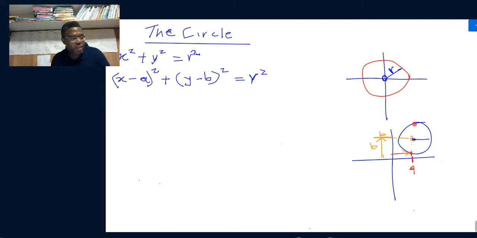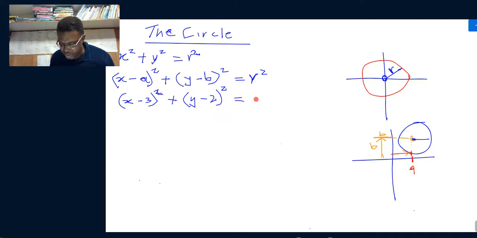Typically you will find that you have x minus 3, all squared, plus y minus 2, whole squared, equals 32.